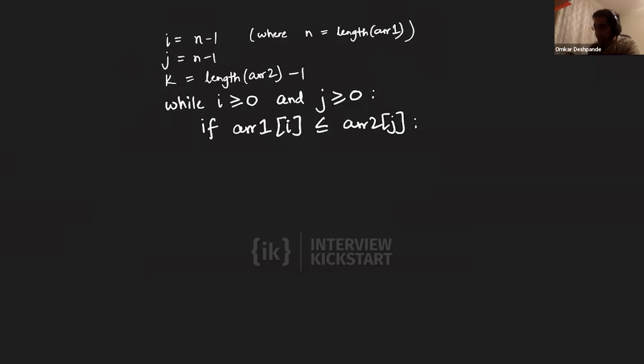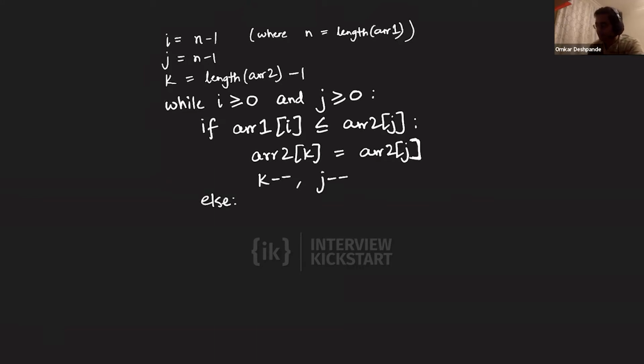That means that's the number we're going to copy into the merged output. So we will copy it. Of course, the auxiliary array itself is array 2. It's not a separate array. So at index k, we're going to copy the larger value, and we're going to decrement k as well as decrement the j index.